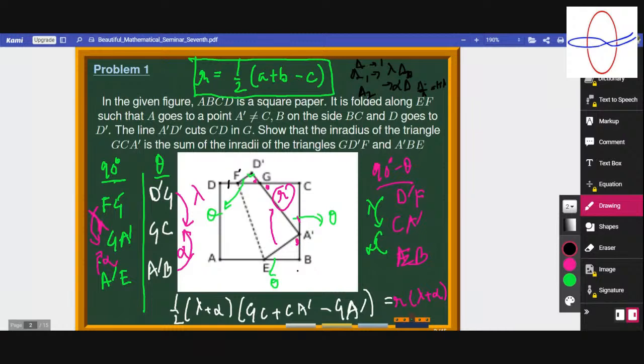What is the sum of the perimeters of all the triangles? Hello, guys.